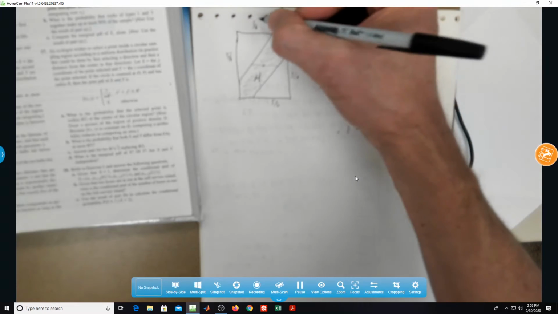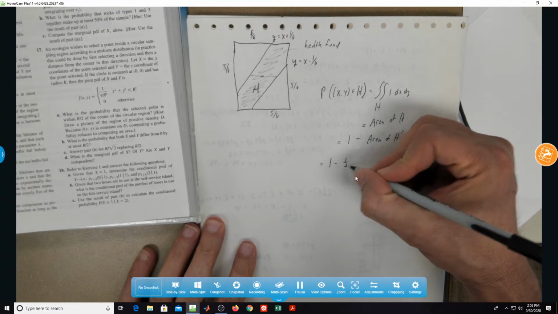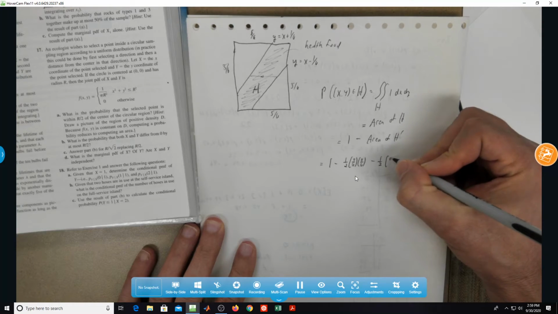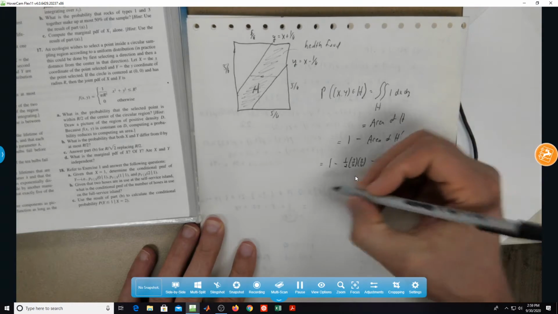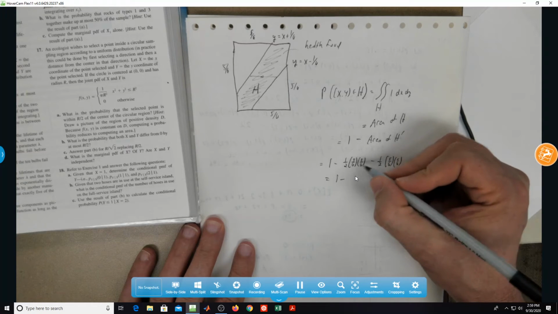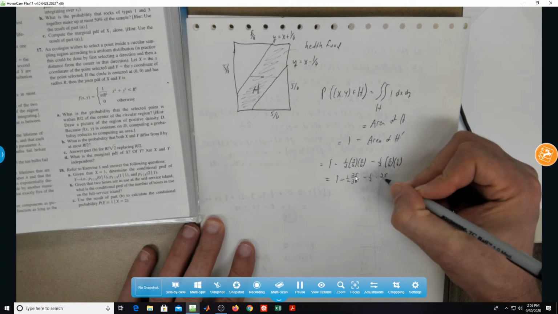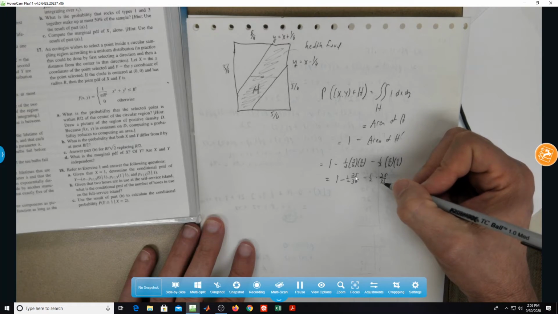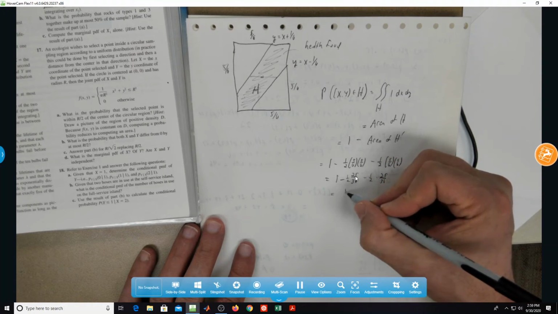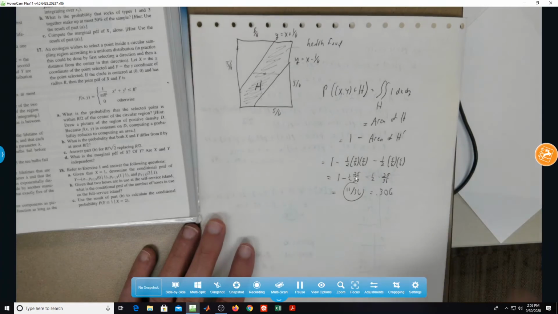So I have 1 minus 1/2 times 5/6 times 5/6, minus 1/2 times 5/6 times 5/6, and that ends up giving me 1 minus 25 over 36, which gives me 11/36, or about 30.6% by my calculator.